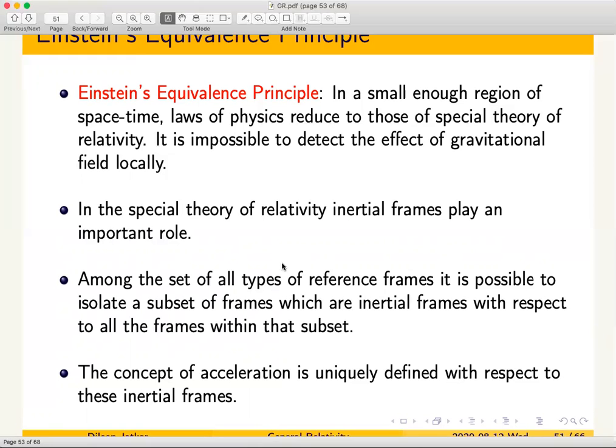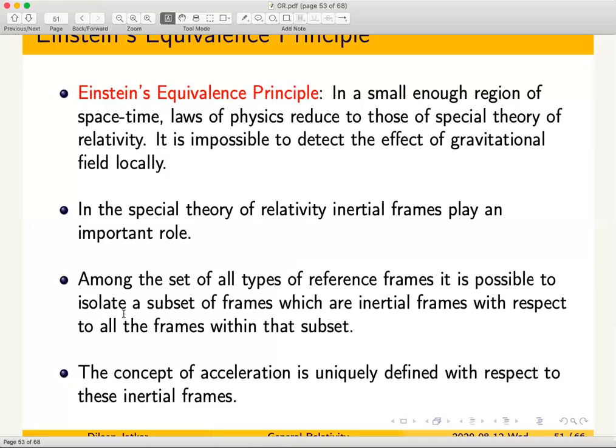So set A and set B may each form a collection of inertial frames, but any frame in set A may be accelerated with respect to any frame in set B. We compartmentalize all reference frames into equivalence classes of mutually inertial frames, and different equivalence classes are accelerated with respect to each other.